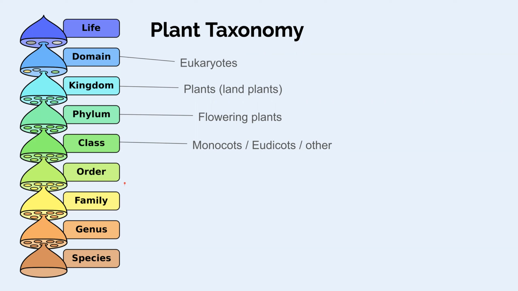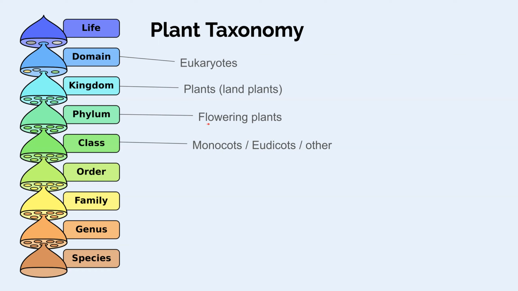These levels above order are getting less strictly regulated. I don't know if people talk as much as they used to about class and phylum and kingdom and so on, but they are still hierarchical. Around the level of class, they have this division between monocots and eudicots: grasses and their relatives versus, I don't know, olives and their relatives. The majority of flowering plants are in this eudicots group.